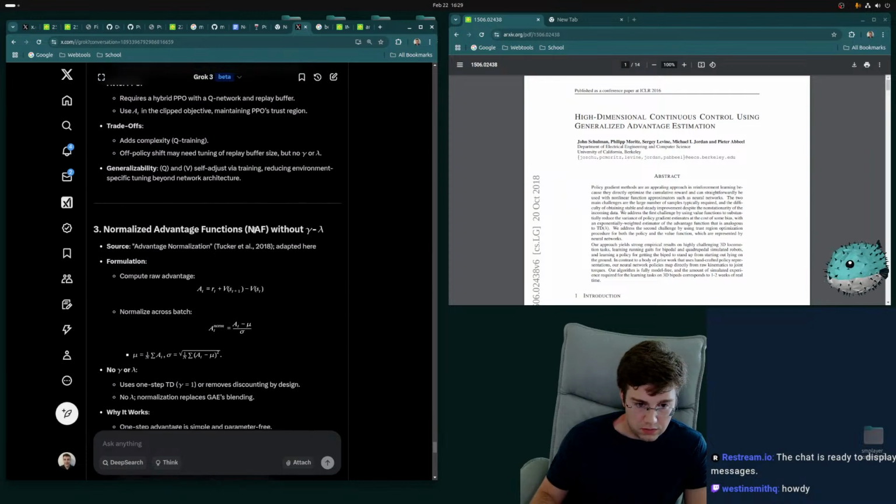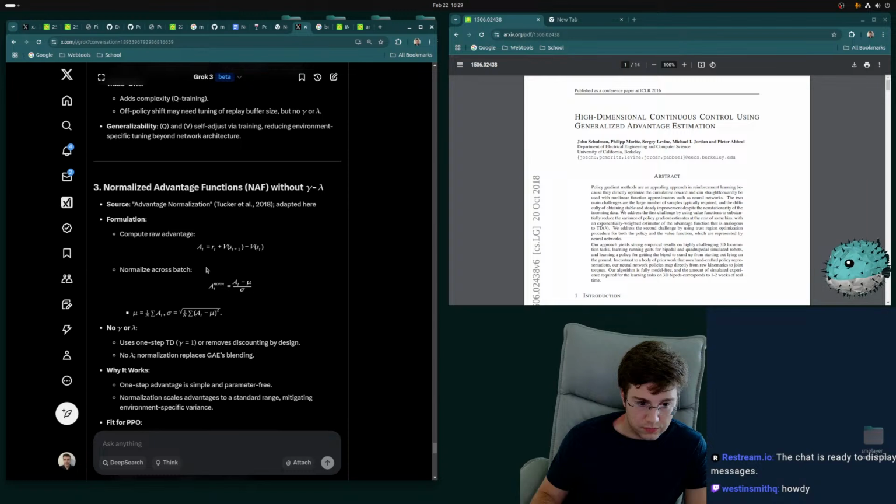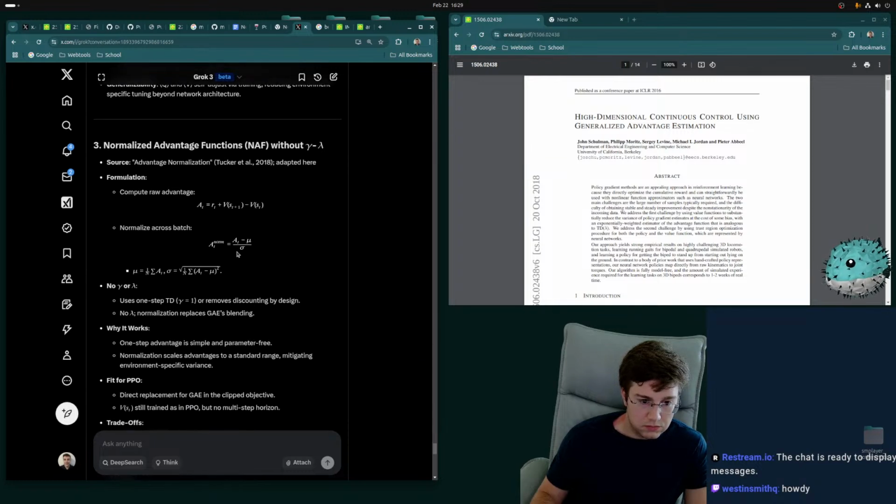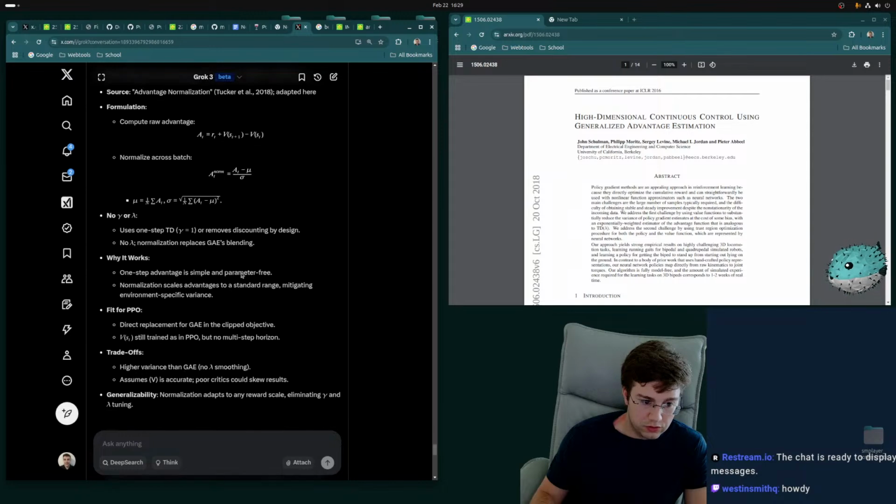I'll double check this. Yeah, you can't normalize across the batch like this because advantage is supposed to be over time, so this isn't going to work.